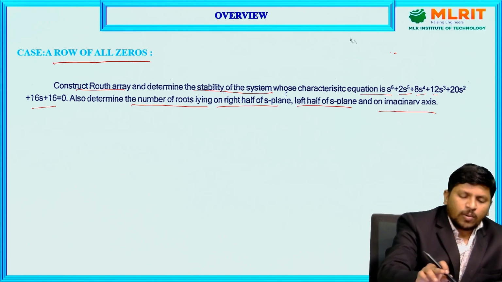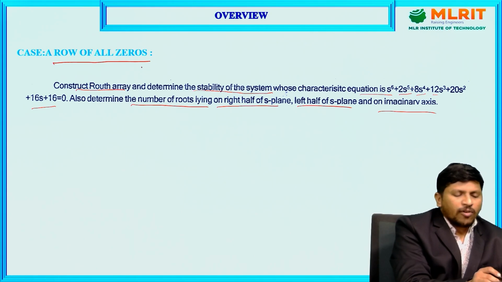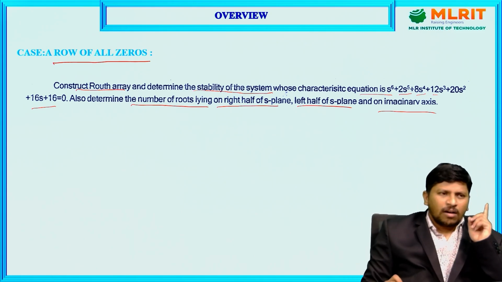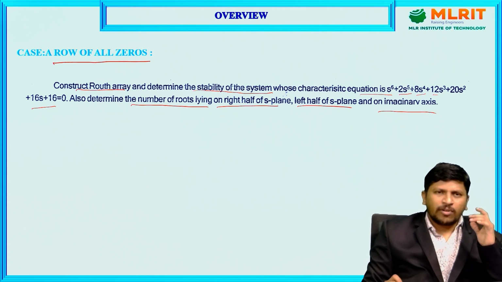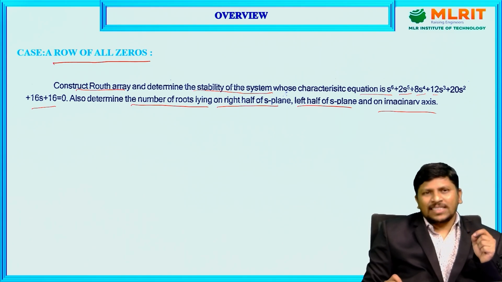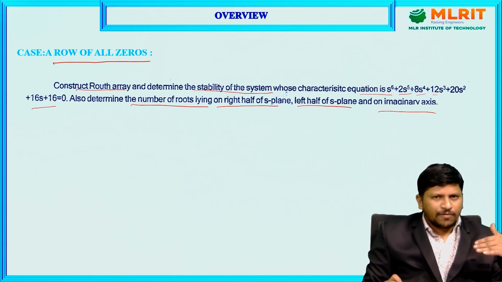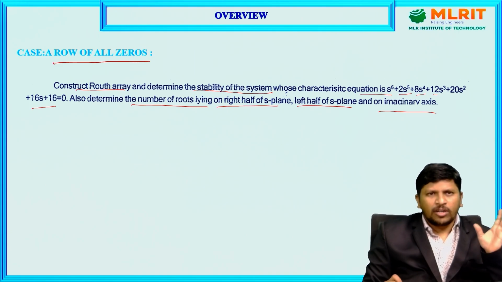Also, a row of all zeros always occurs in an odd power of s, like s power of 3, that is, a row with an odd power of s. The maximum power is an odd number only. In that case an odd-numbered row becomes 0 always, because we consider the auxiliary polynomial equation.